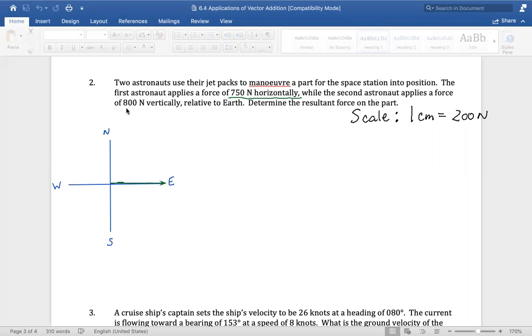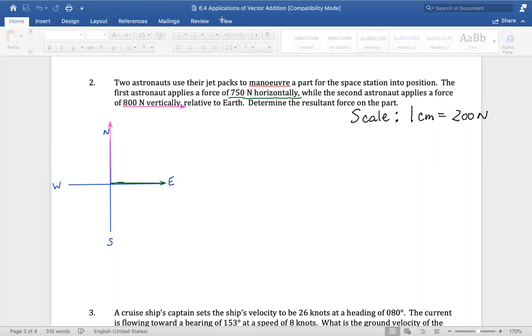The second astronaut applies a force of 800 newtons vertically. So I just have to make sure that I draw it vertically north and that it's longer, 4 centimeters. So it has to be longer than my green horizontal vector, which again, I should be using a ruler. This should be 4 and this should be 3.75.